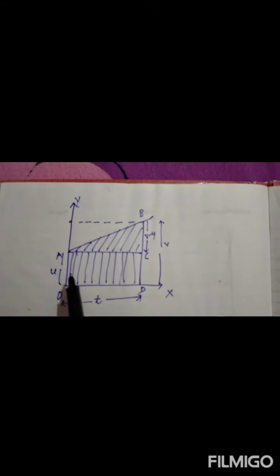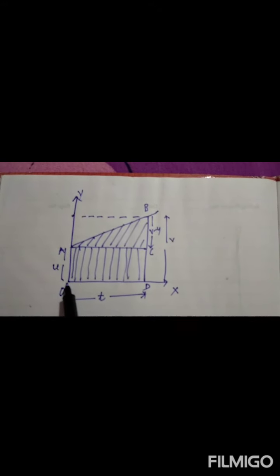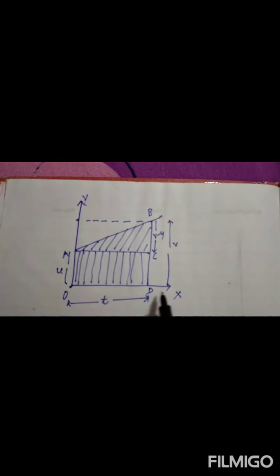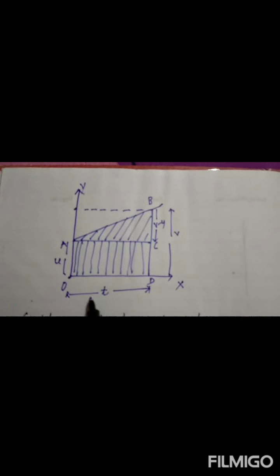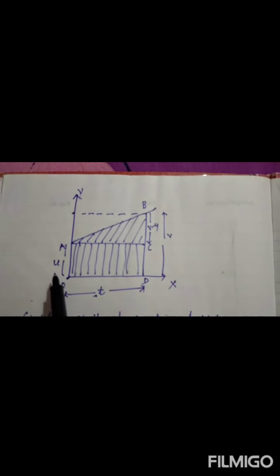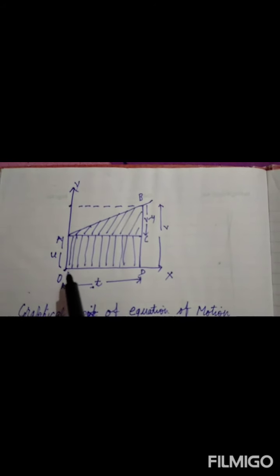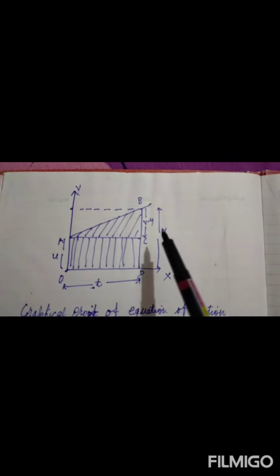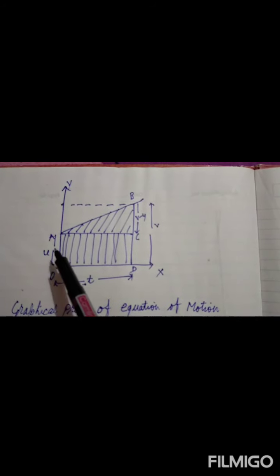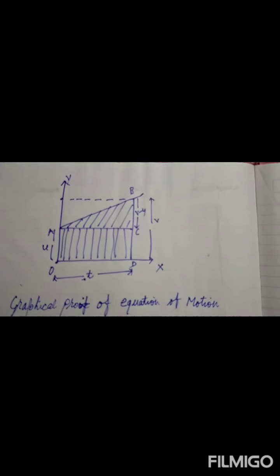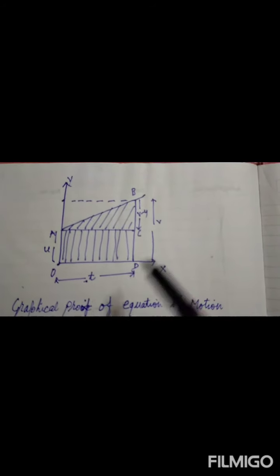As you are seeing, this is a graph. O is the origin and this is the x-axis, also the time axis, and this is the y-axis, also the velocity axis. So this is a VT graph. If an object is traveling with initial velocity u and after traveling a certain time t, it changes its velocity and its velocity becomes v.